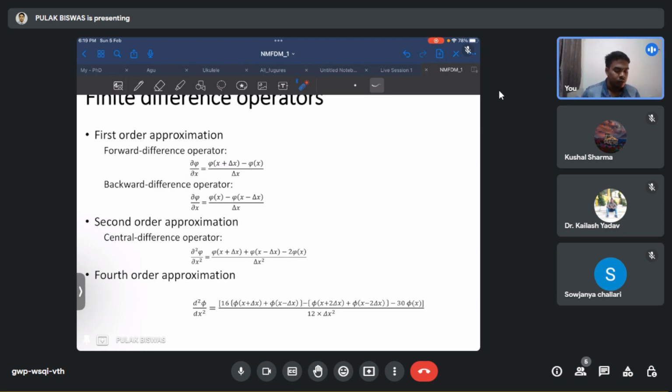If we want to use the second order approximation, we can use the central difference approximation like this: del phi del x equals phi(x plus delta x) minus phi(x minus delta x) divided by 2 delta x.